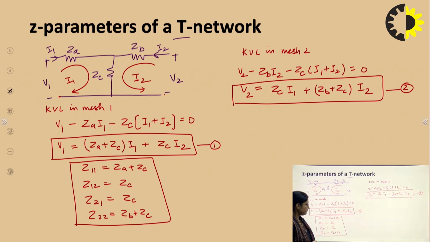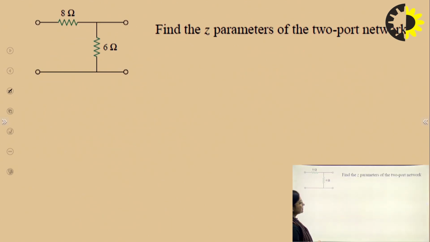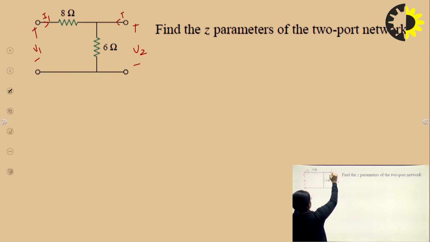Fine. Now, let us have a numerical on this. In this numerical, I need to calculate the Z parameters of this network. This is port 1, V1, current I1, this is port 2, V2, and current I2.